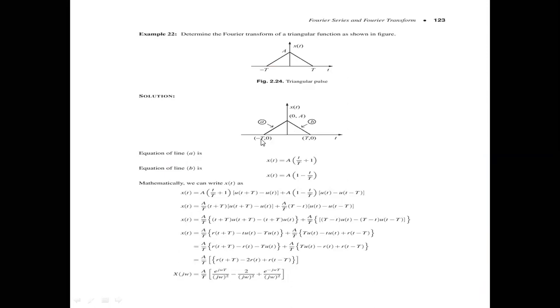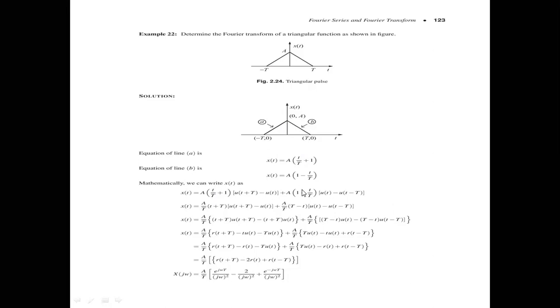We already found the equation of the line, x of t is equal to a by T into t plus T, multiplied with the step function, the advanced signal with time period T, and it is subtracted with the step function.